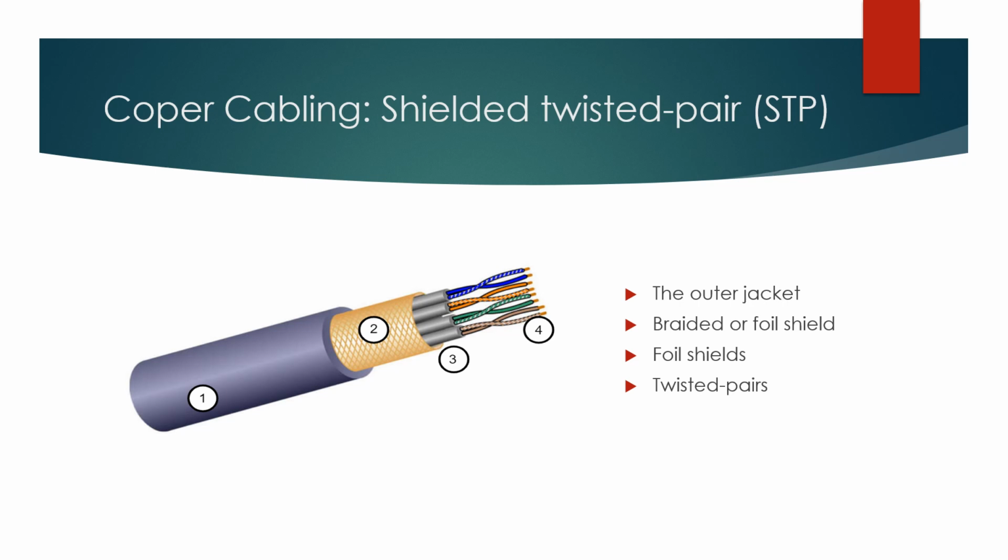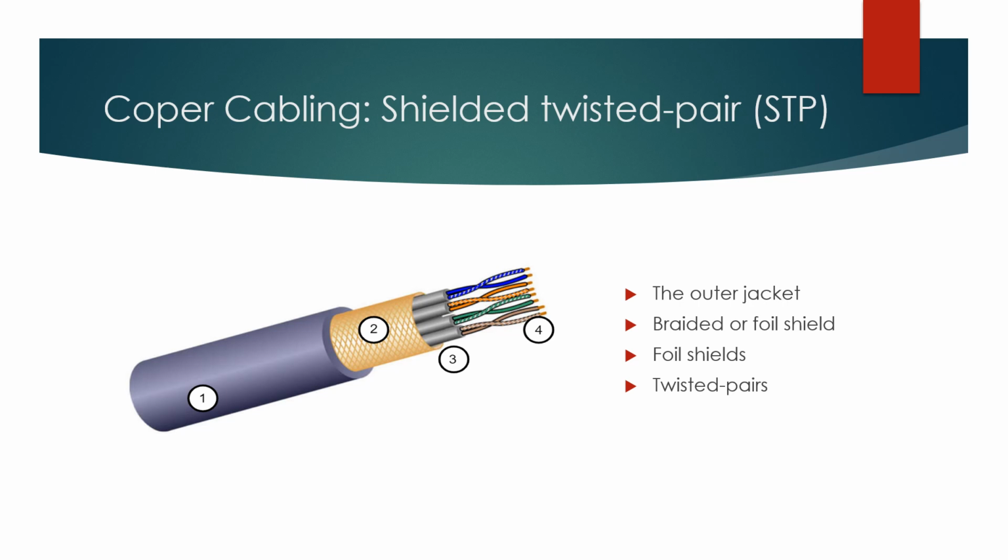STP cables combine the technique of shielding to counter electromagnetic interference and radio frequency interference, and wire twisting to counter crosstalk. To gain the full benefit of shielding, STP cables are terminated with special shielded STP data connectors. If the cable is improperly grounded, the shield may act as an antenna and pick up unwanted signals.